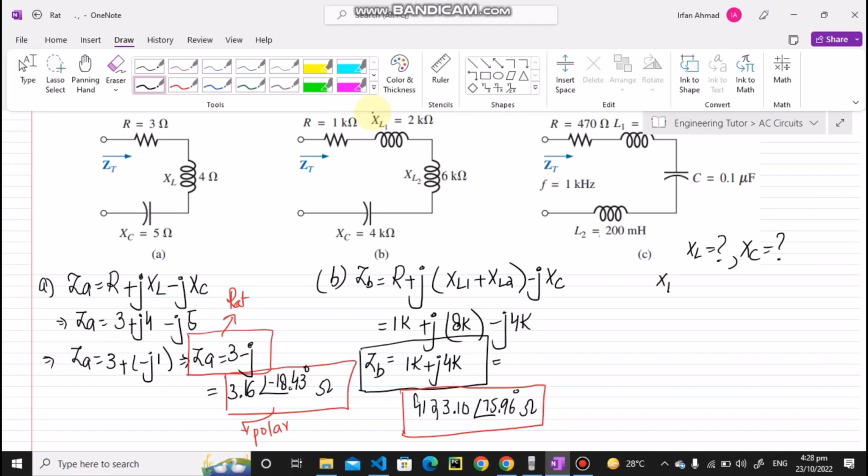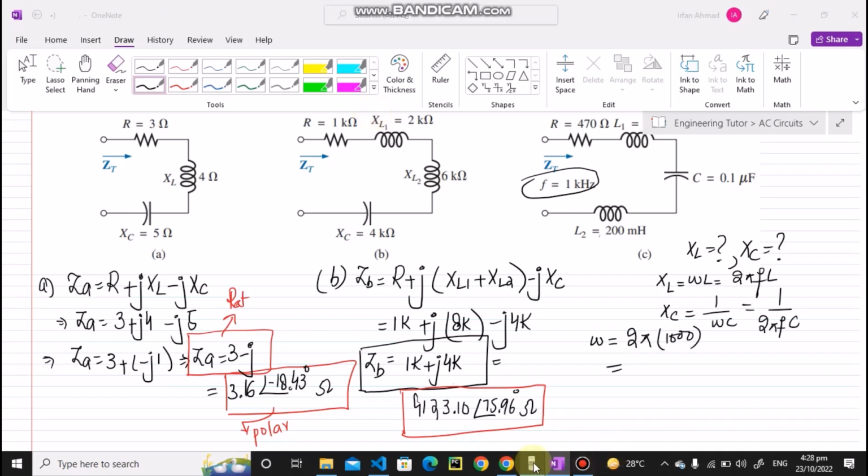We know that XL is omega L, which is 2 pi f L, and XC is 1 over omega C, which is 1 over 2 pi f C. Let me first calculate the value of omega, which is 2 pi f, and the frequency is given here as 1 kilohertz, so the value of frequency is 1000.